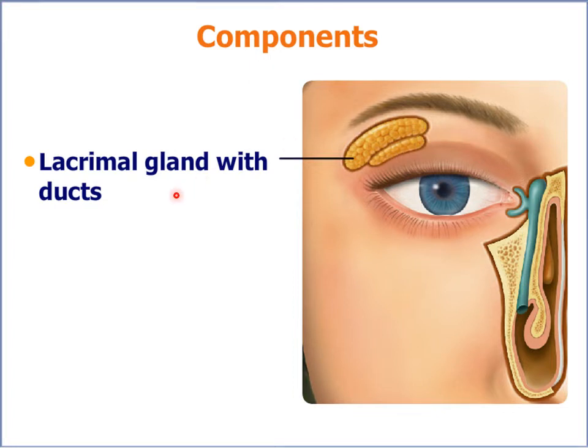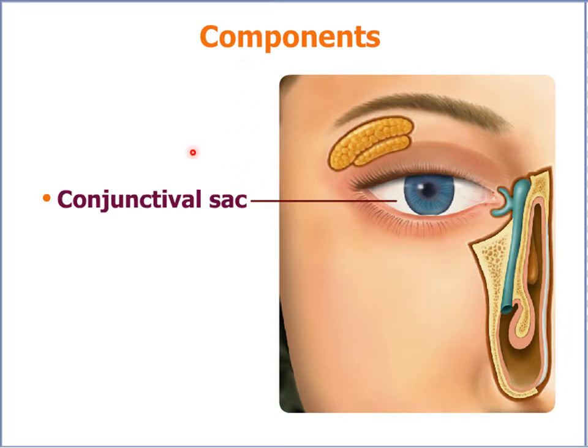The main component of the lacrimal apparatus is the lacrimal gland with its ducts. The next component is the conjunctival sac.